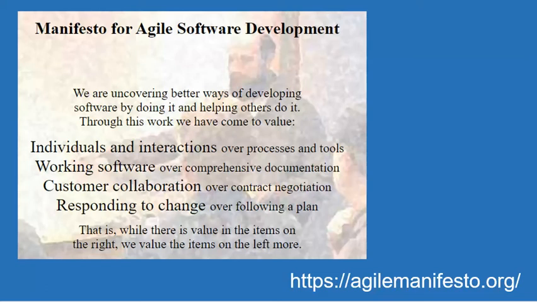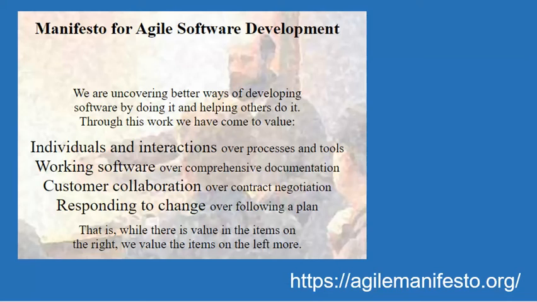What are the four things that we talk about in the Agile Manifesto? We say individuals and interactions are preferred over processes and tools, working software over comprehensive documentation, customer collaboration over contract negotiation, responding to change over following a plan.